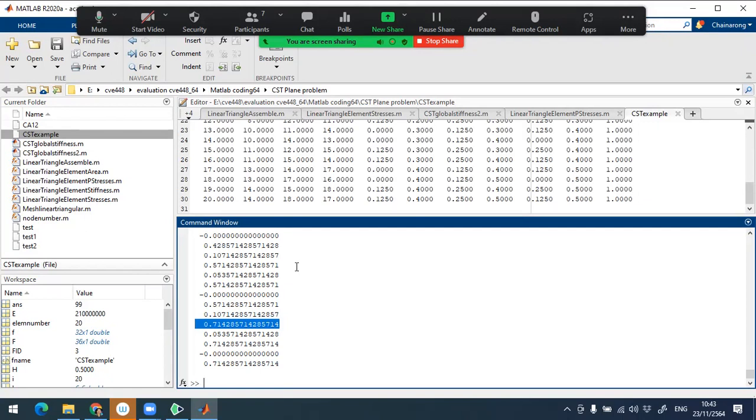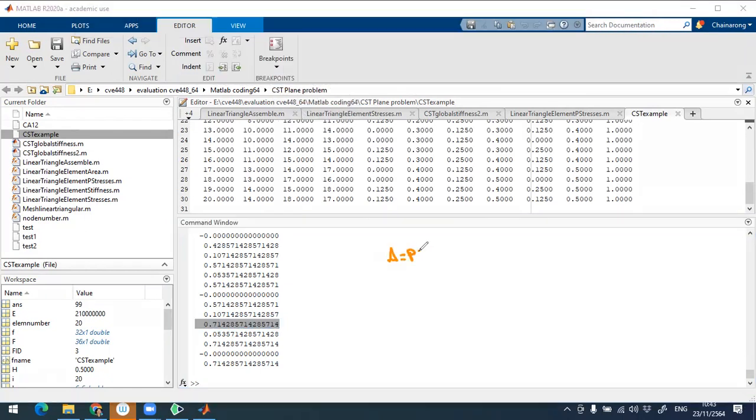Okay, the exact solution is what? Again, please, it is equal to 3000 times L, where L is 0.5, divided by 216 E6, which becomes the exact solution, 7.142857143 times 10 minus 6.